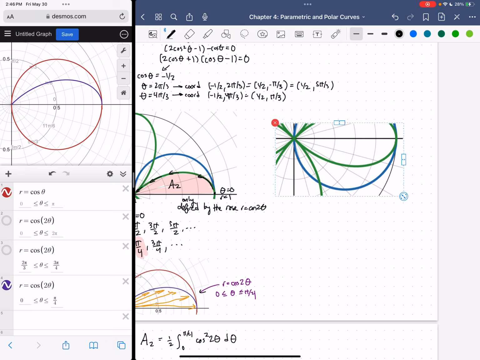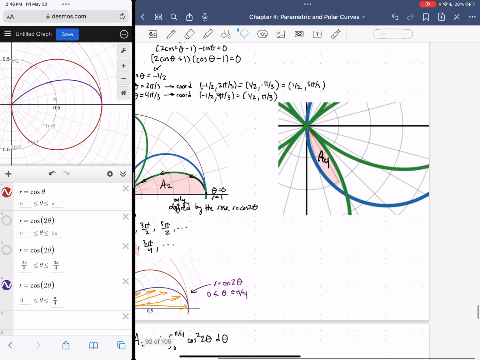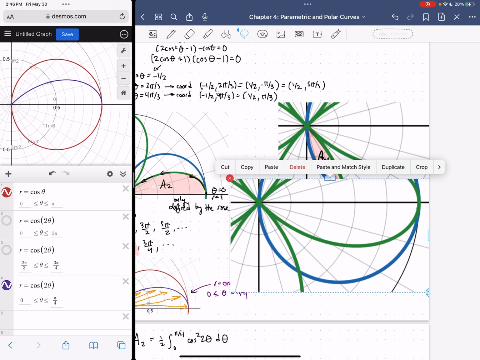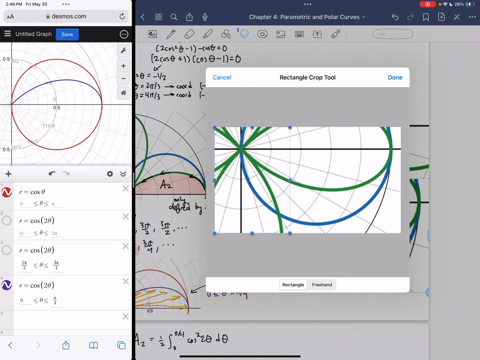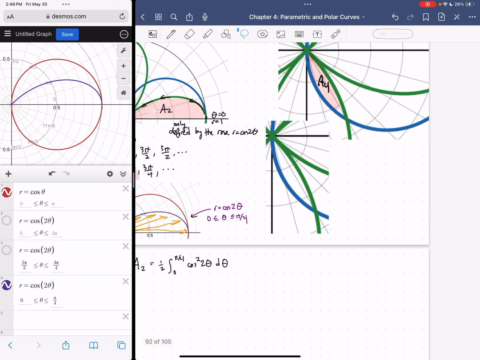Anyways, okay, let's find our intersections. Maybe I'll resize this and crop it. Okay, so this A4, we can see that for half of it, we're actually looking at the area inside the circle, and then for the other half, we're looking at the area inside the petal.